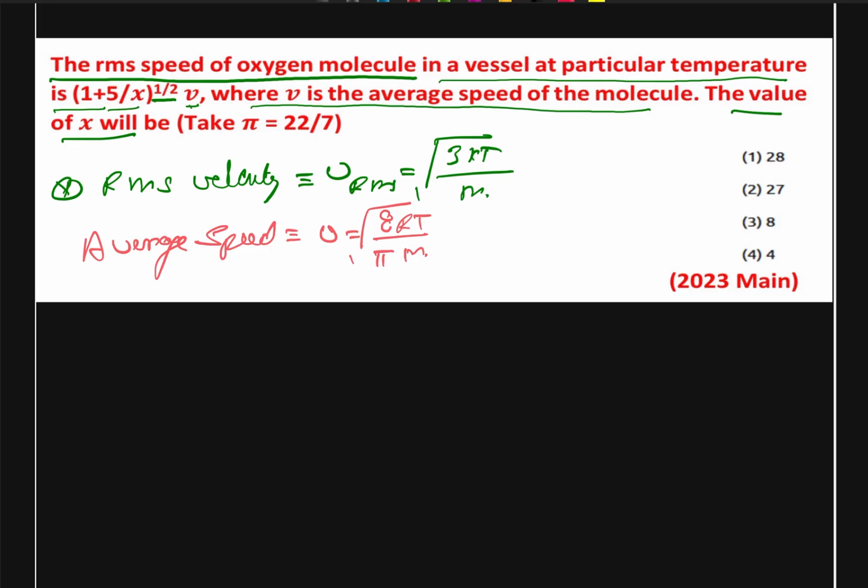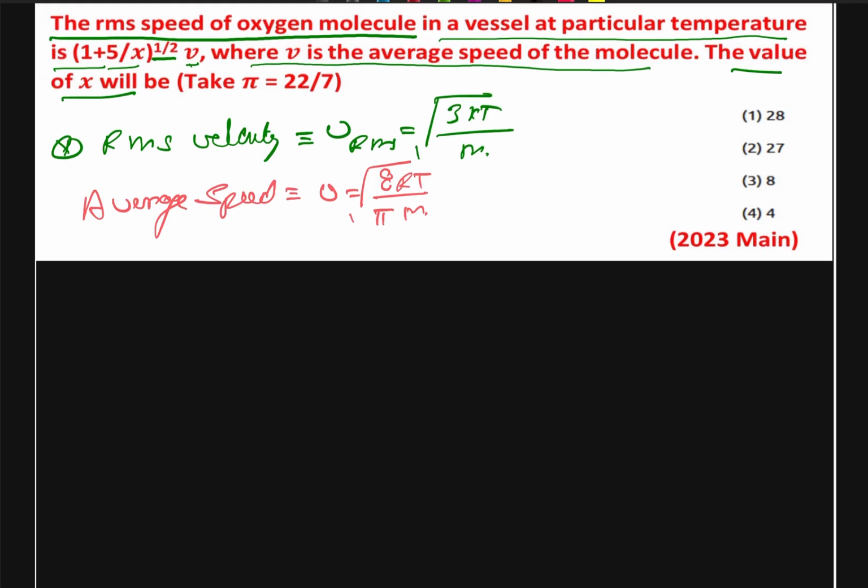We are given that V.r.m.s is equal to (1 + 5/x) whole raised to power 1 by 2 times v.